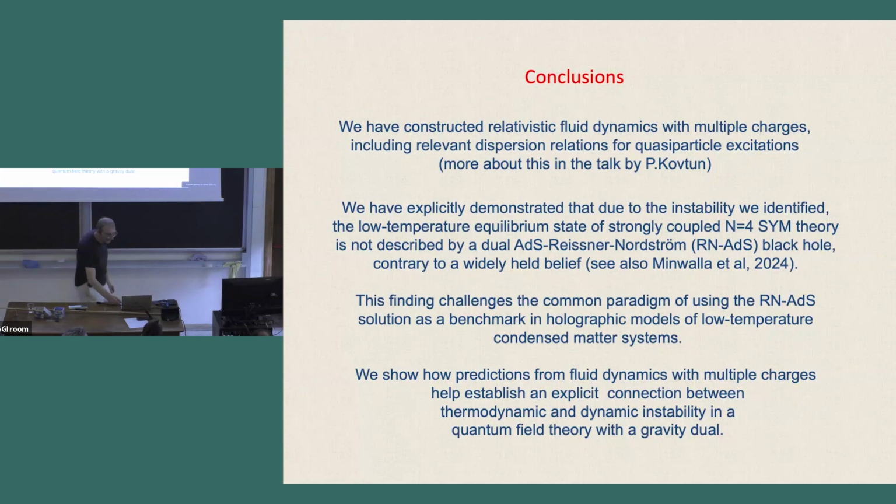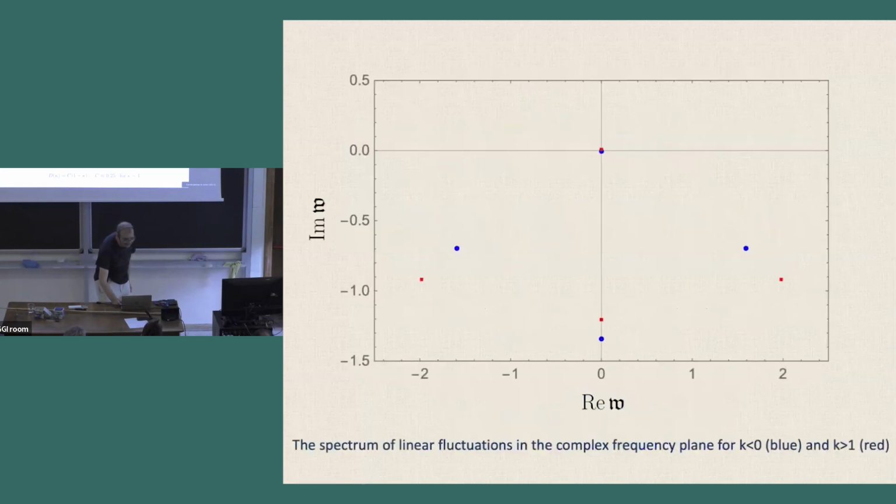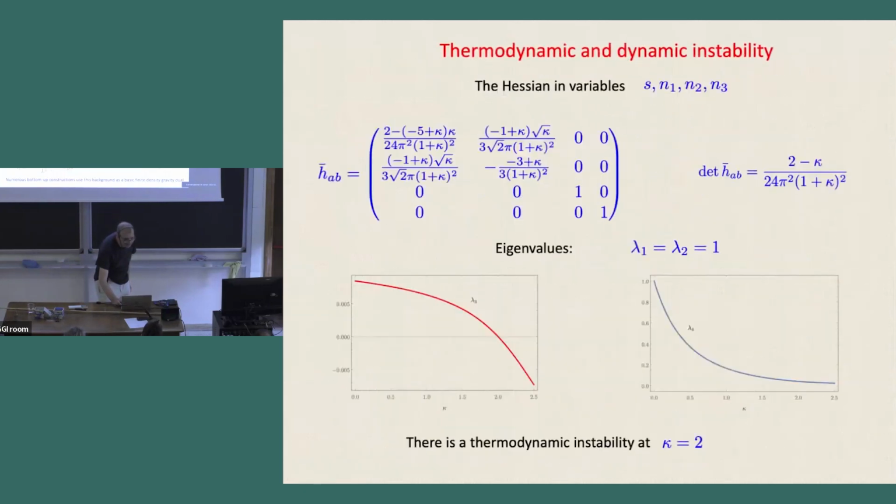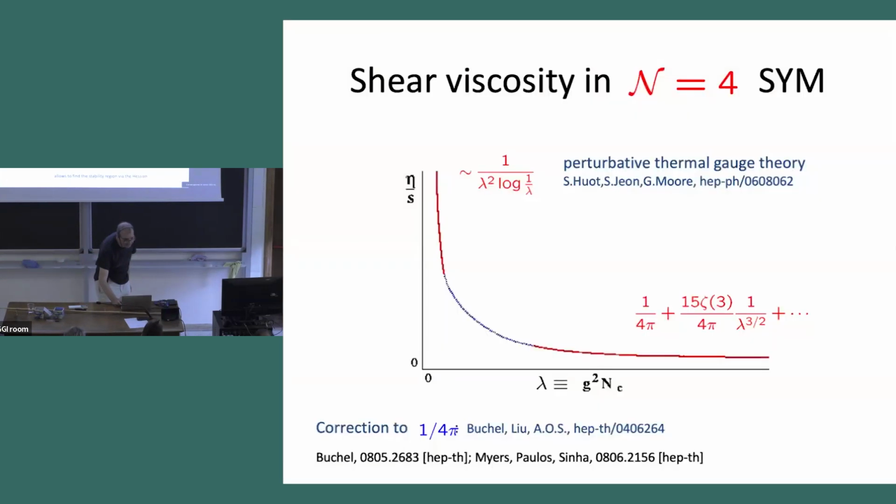Well, no, I'm afraid not. I mean, I would love to. So all I can say is that, you mean this one, right? So this is zero mu. Zero chemical potential.